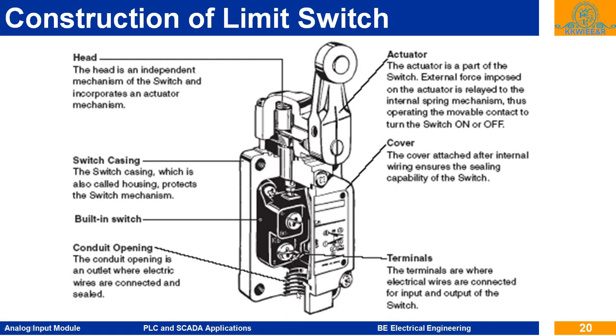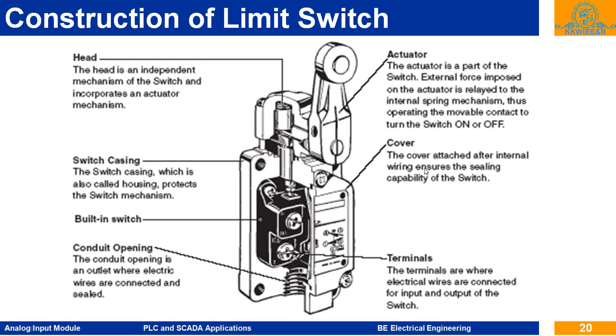Here we can use a PVC conduit, and a cable gland is provided. This is the cover. By removing this cover, we can connect the wire, or if the wire is broken, connect or disconnect the wire.